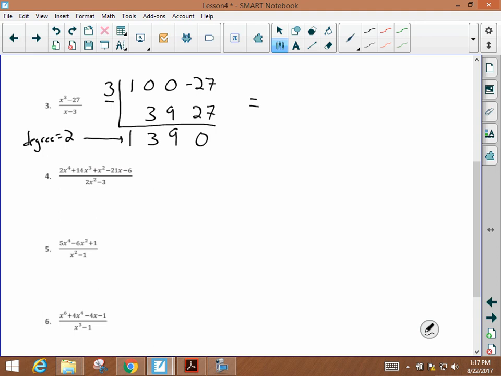So that means that that's 1x squared plus 3x plus 9. And we're done. Really quick, really easy way to do division. But it only works if you have something like x minus 3, x plus 2, and stuff like that.